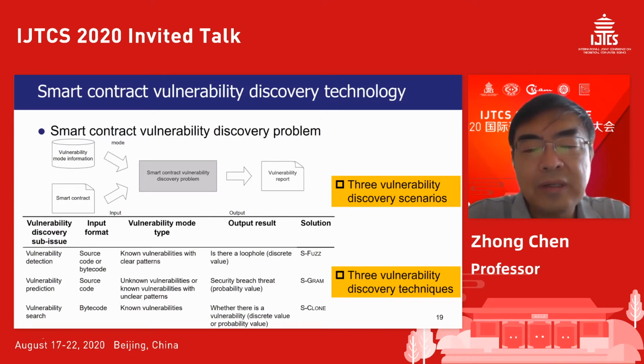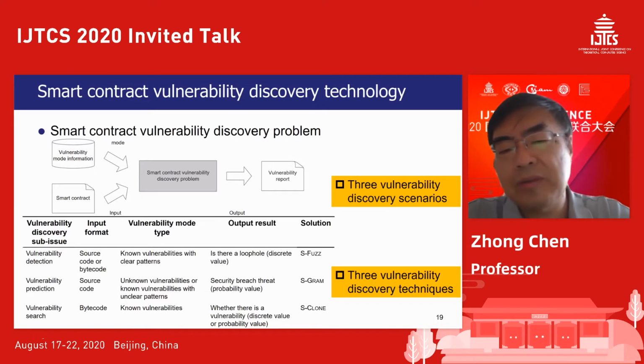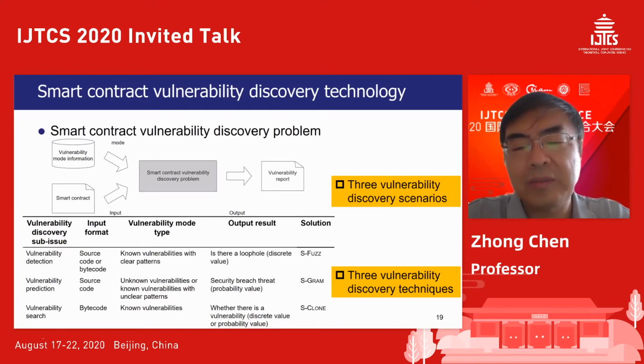The output we would like to have is whether there is a loophole inside, which is a discrete value. We call this solution in our system SFAST.